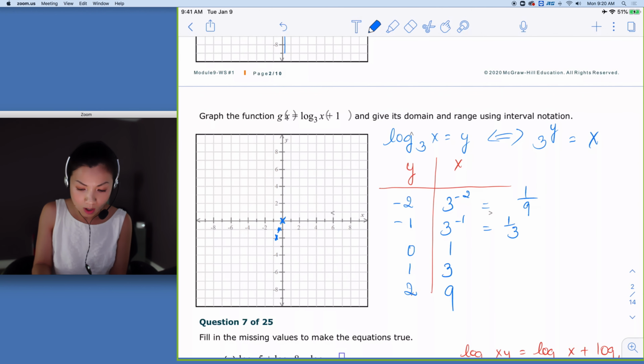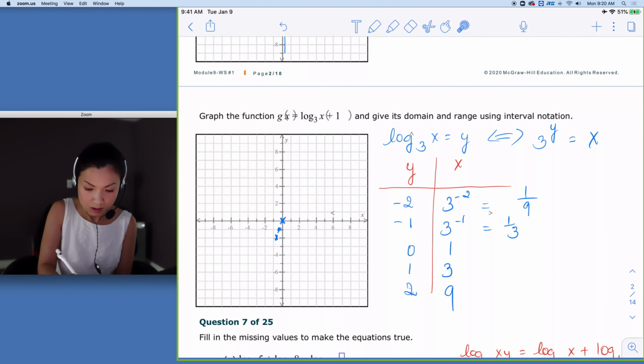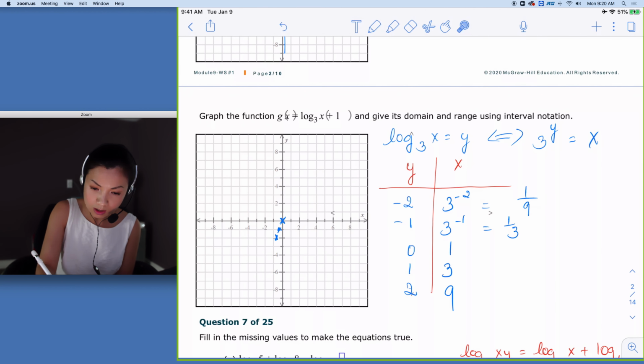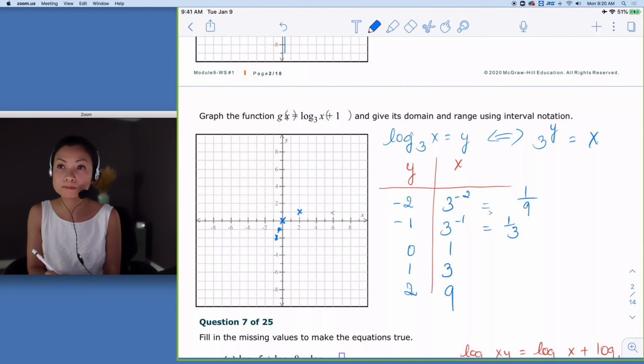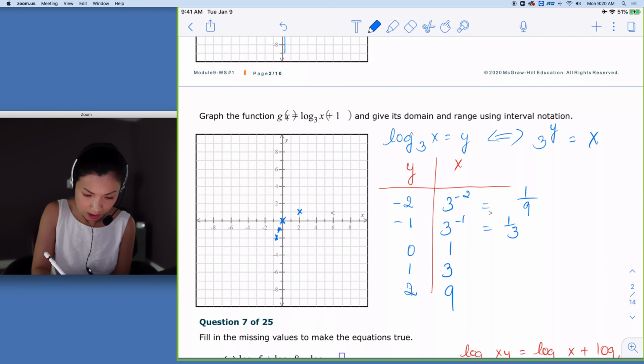Okay, (3, 1), and then I shift 1 over. So it's going to be (2, 1). Okay, (9, 2), and shift 1 over.